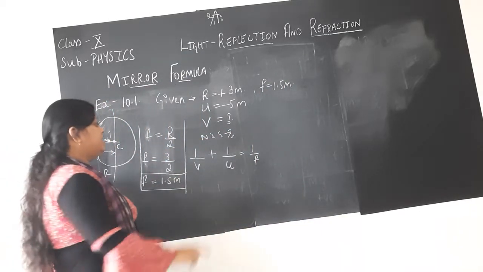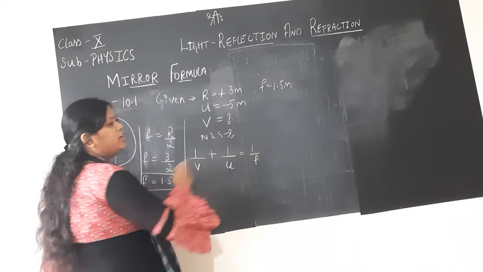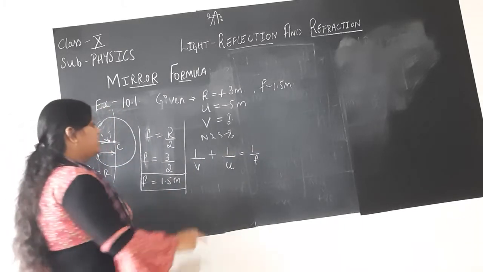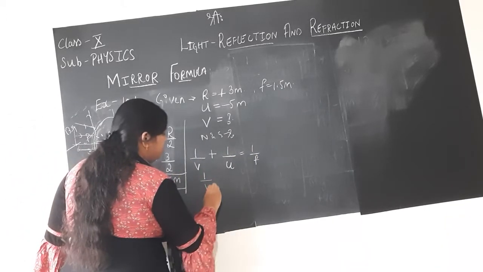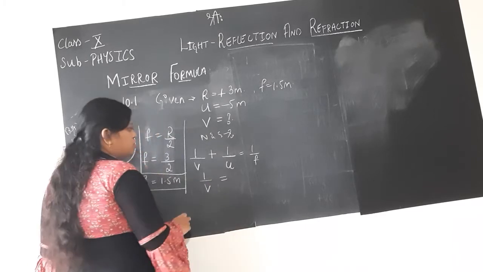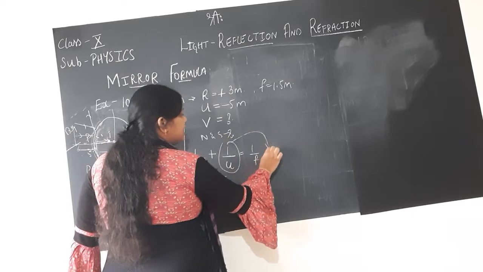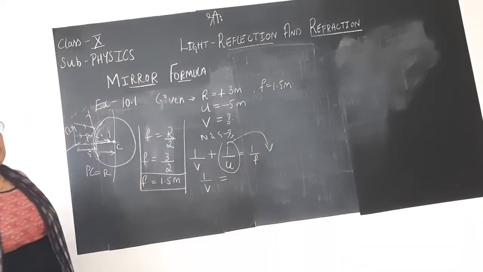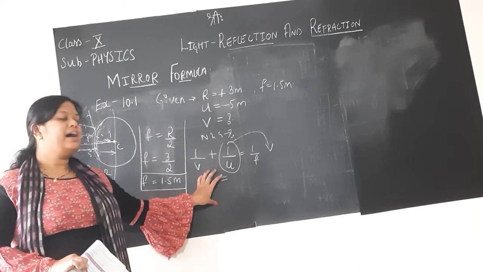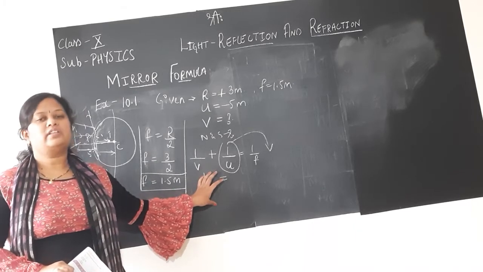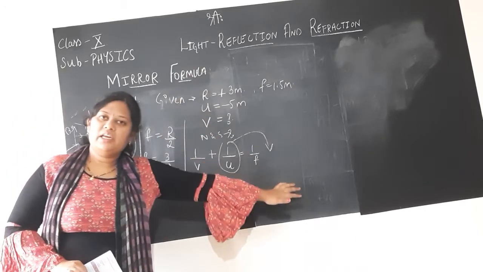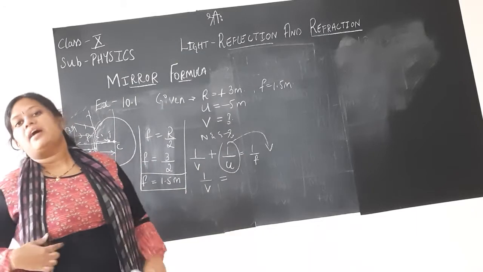Now let us manipulate this formula according to our requirement. What is the unknown quantity here, children? 1 by v is unknown. So the 1 by u term, I will send to the RHS. Why? Because the unknown quantities we usually keep on the left hand side, and all other remaining quantities we shift onto the RHS.